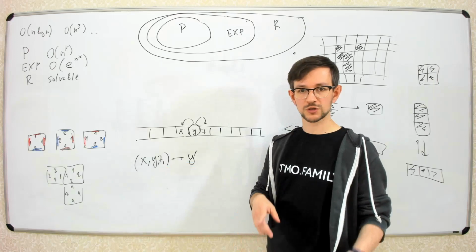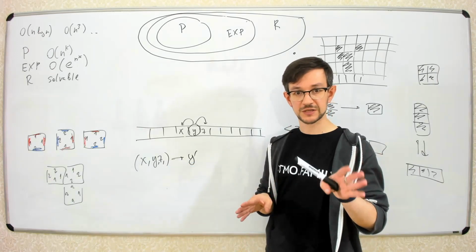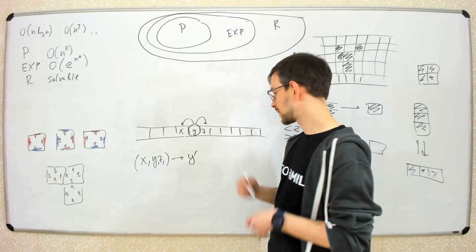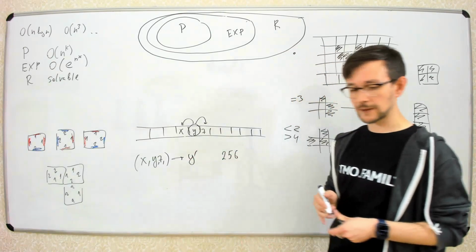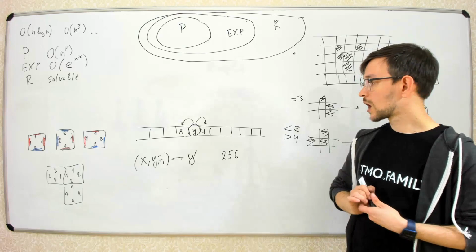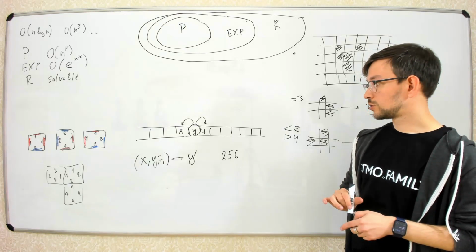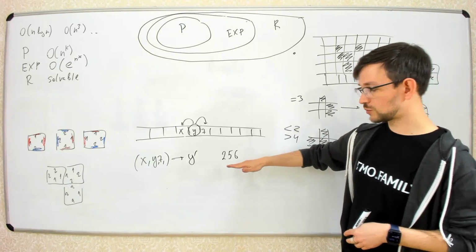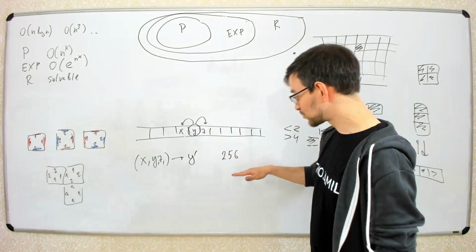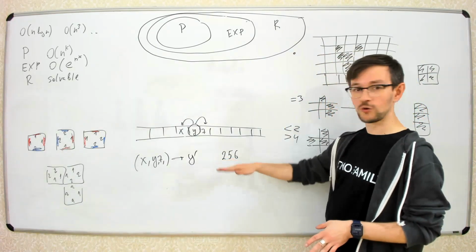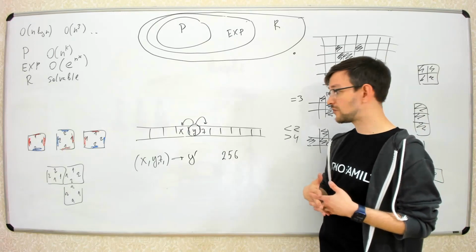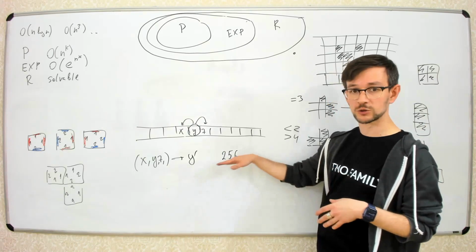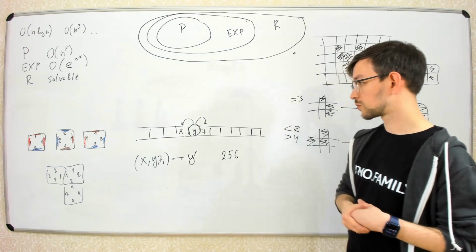So there are at most 256 different functions. So there are 256 different automatons in one dimension, right? So he tries to explore all these 256 automatons and check if there are some interesting automatons in this group.